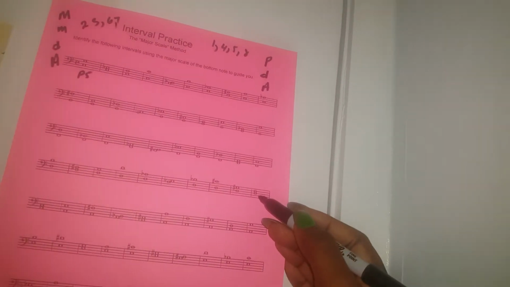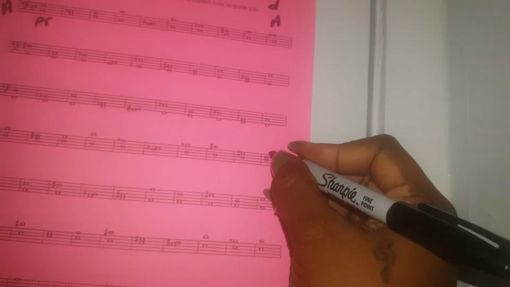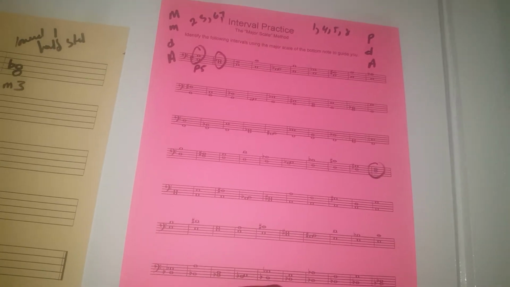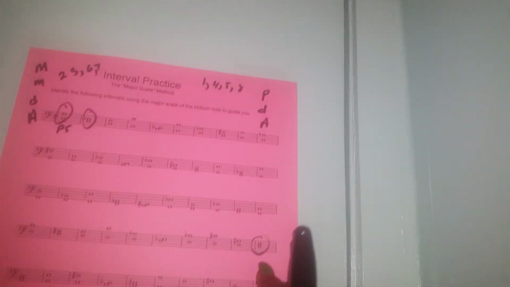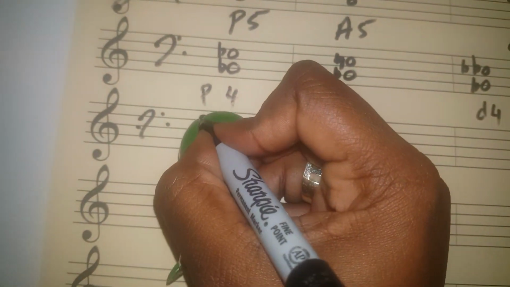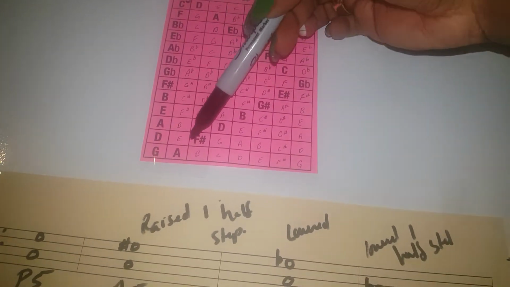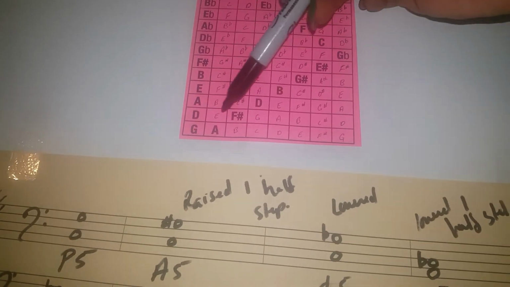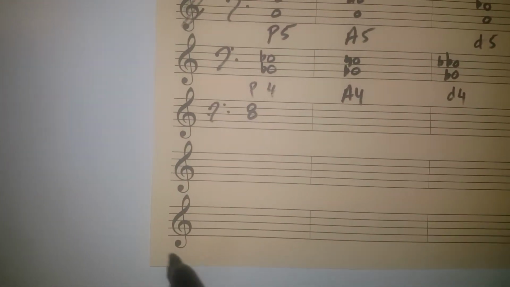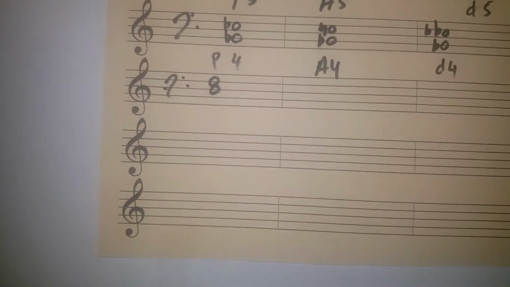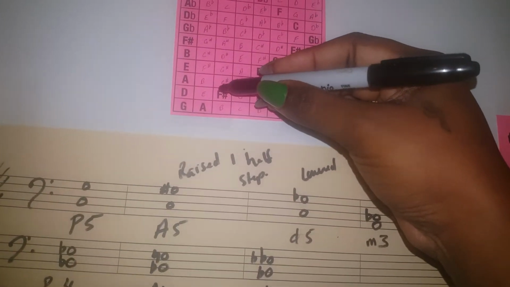Okay, in the key of D, we did this, and we did this. So we're doing this one now. We have D going to F. Now in the key of D major, F is a sharp. You notice that? In the key of D, F is sharp. So on this assignment, we have D going to an F natural, which means our sharp was lowered.